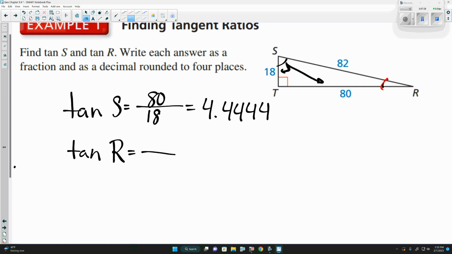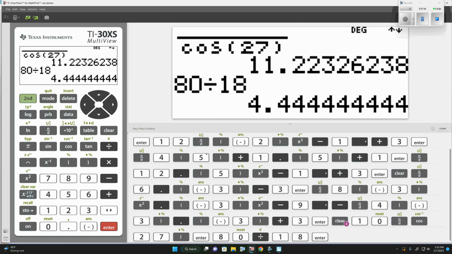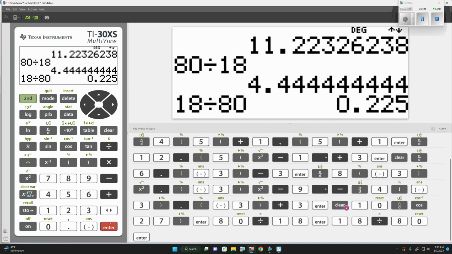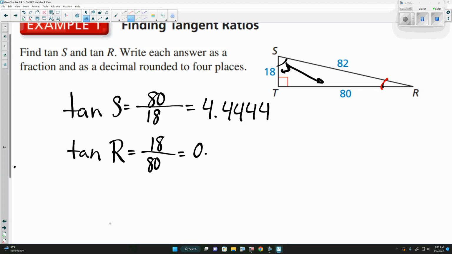What's the opposite side to angle R? And the adjacent side would be? So we have 18 over 80. 18 divided by 80 is 0.225.